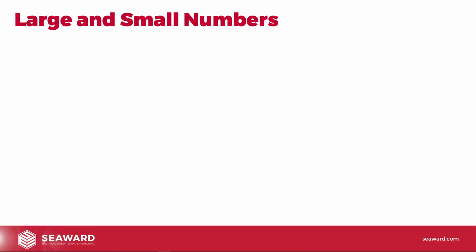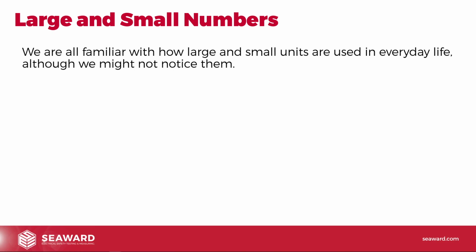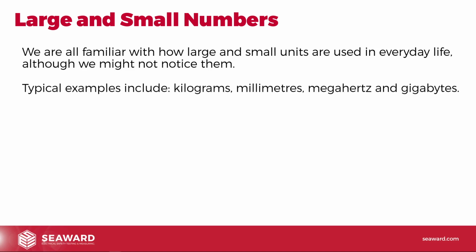In this final section, we're just going to have a look at how we deal with large and small numbers. We're all familiar with how large and small numbers are used in everyday life, although we might not notice them. Typical examples include kilograms, that's thousands of grams, millimeters, that's thousandths of meters, megahertz, that's millions of hertz, and gigabytes, that's billions of bytes.